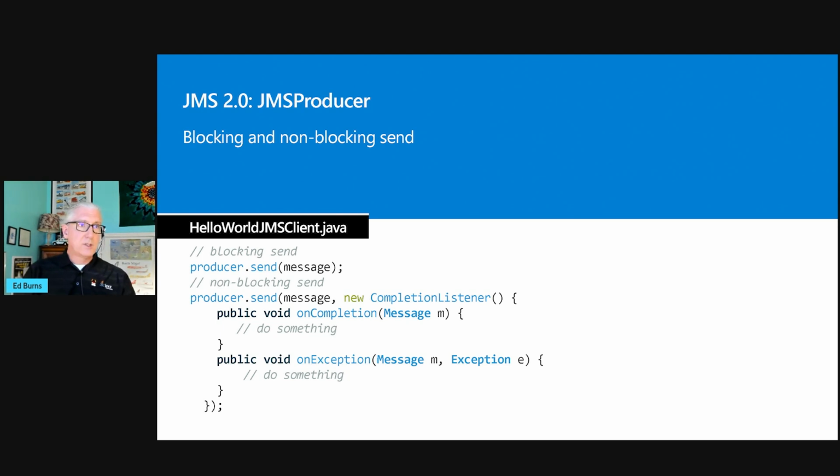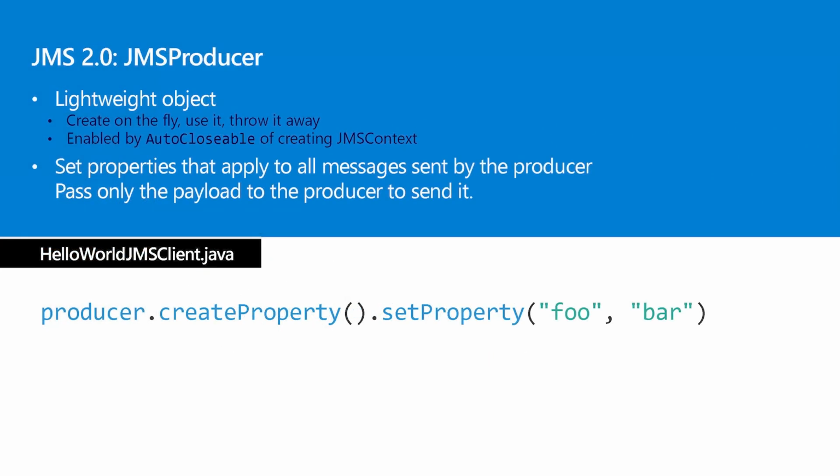I mentioned JMS producer is an example of a lightweight object, so you can create it, use it on the fly, and throw it away. And the ability to do that is enabled in part by the JMS context being an auto-closable object. One of the things you can do is set properties that apply to all messages sent by the producer.